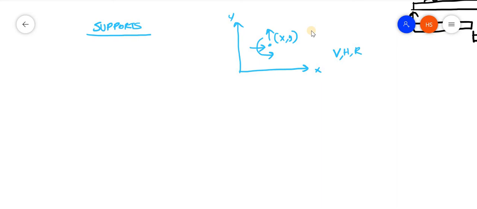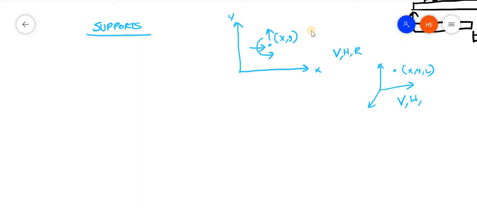Okay. And for a 3-dimensional body, I am considering a body like this. It has a point, that is x, y, z. Here it can have a vertical movement, a horizontal movement, then movement in the other horizontal, mutually perpendicular plane.